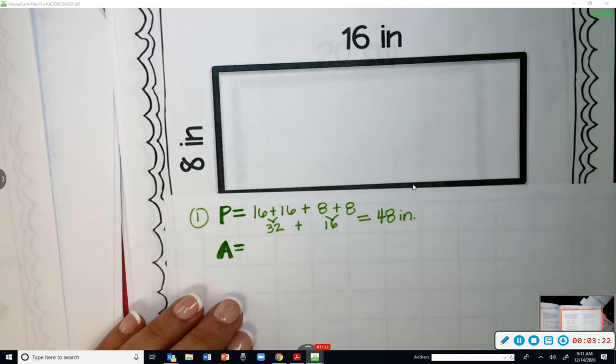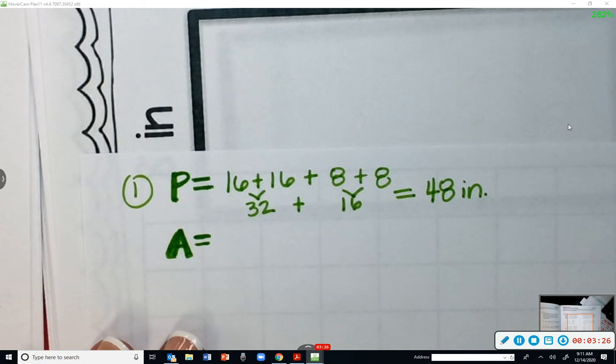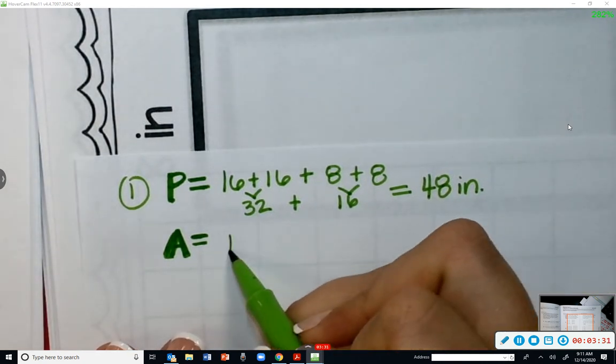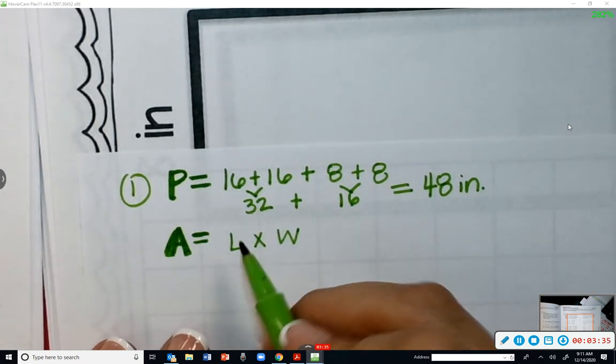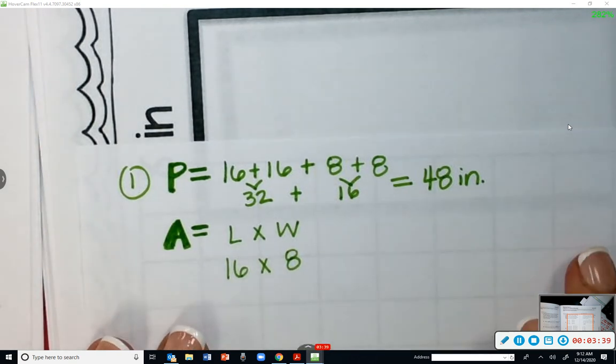Okay? Now for area. What do I need to do for area? Brandon? You add 16 plus 8. Length times width, so we would do 16 times 8. Not plus 8, times 8.